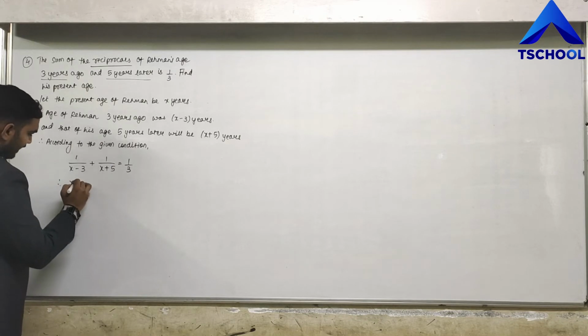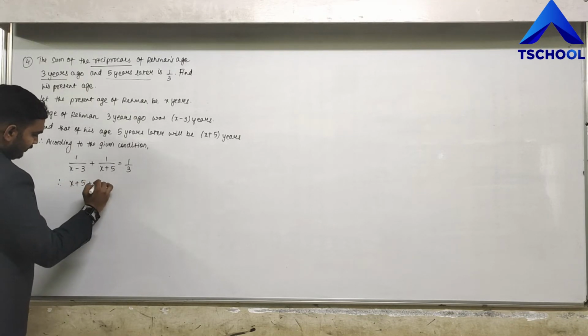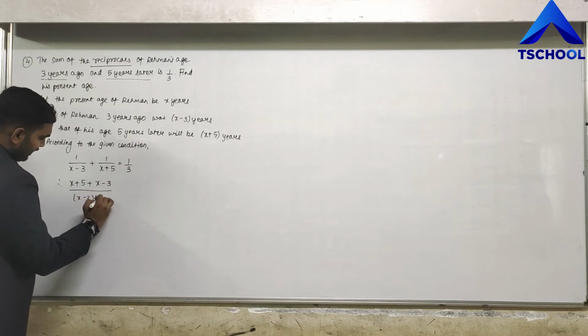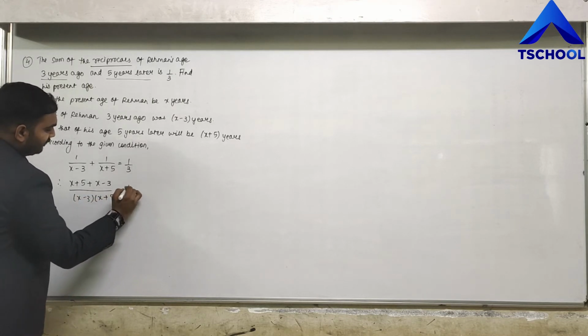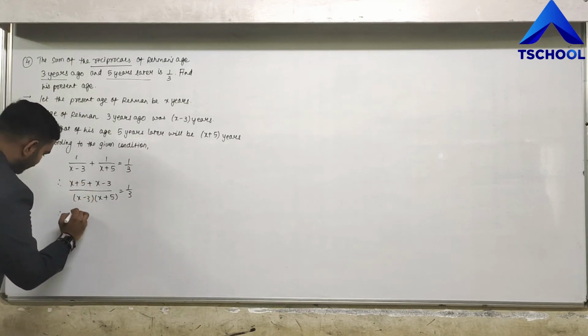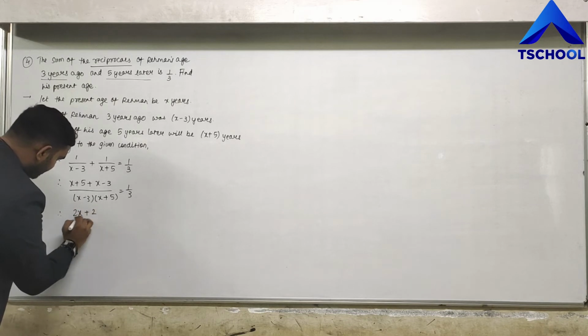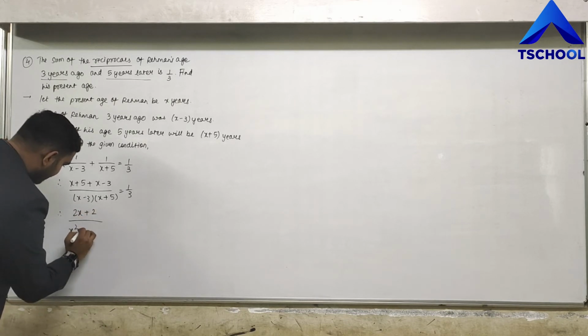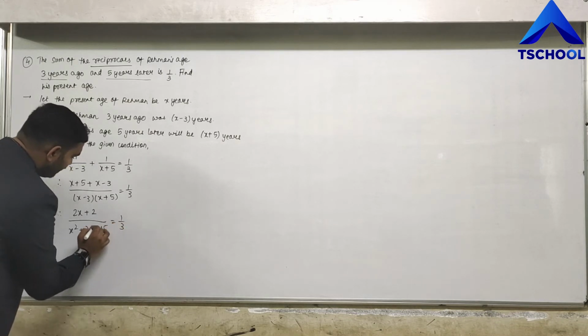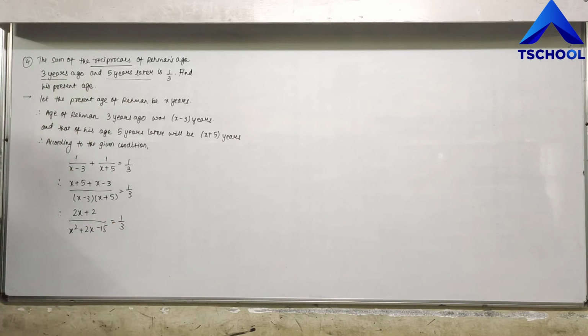Therefore, cross multiplying, x plus 5 plus x minus 3 upon x minus 3 into x plus 5 is equal to 1 upon 3. What can you cancel out? Nothing. Therefore, 2x plus 2 upon x square plus 2x minus 15 is equal to 1 upon 3, right?